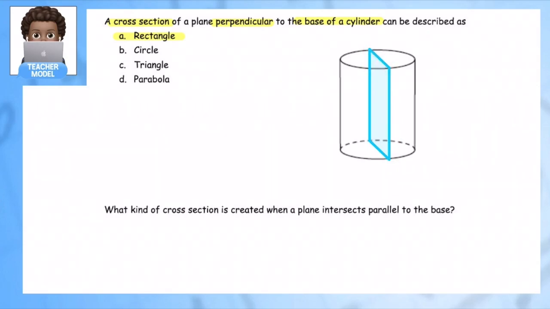Now, if we had cut parallel to the base, if I had cut it this way, then it would look like this. Kind of imagine a knife going through, like if you went right through here, what would the top of that shape look like? You would see a shape that is parallel to your base.